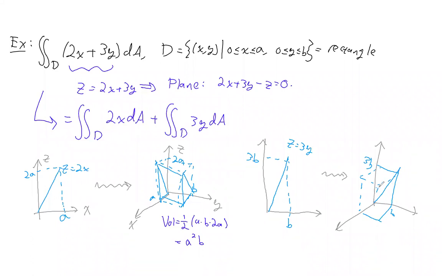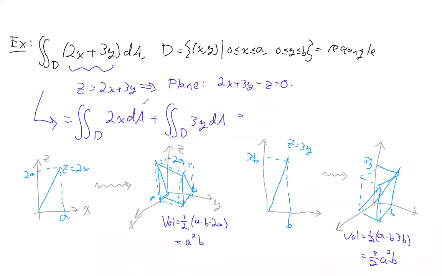Whoa, 1 second, sorry. So now this is the block that we're interested in. It's pretty much the same exact story as before. In this case, the volume is going to be 1/2 of that object, which in this case is a times b times 3b, or in other words, 3/2 a squared b.